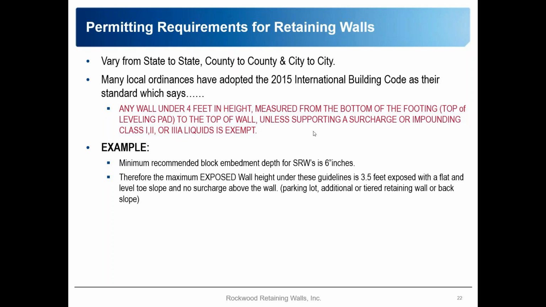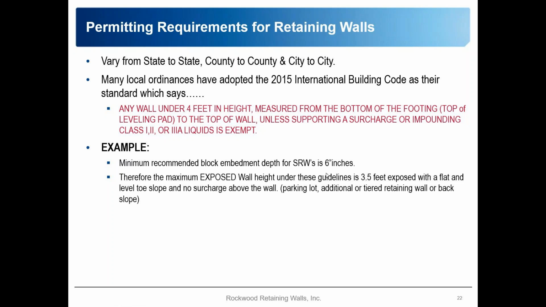But I want to break this down a little bit. I've mentioned that the minimum embedment depth that we would suggest for a retaining wall from Rockwood is 6 inches. So under the guidelines of the 2015 International Building Code, the maximum wall height you could end up with is about 3.5 feet exposed, because we're going to bury 6 inches of block.